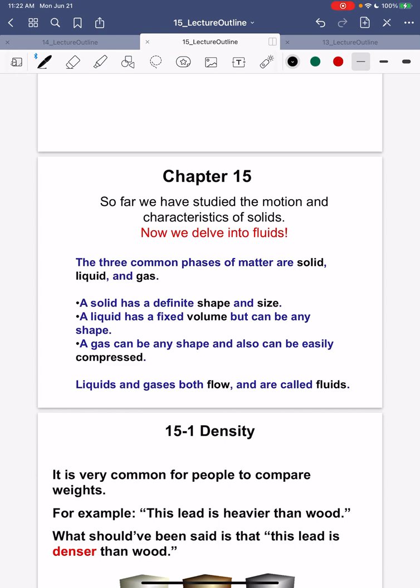Now, one of the things I want to say here is that when we talk about solids, we have very strong forces between the molecules, whereas gases and liquids have relatively weak forces between them, and that is the reason why they can flow.